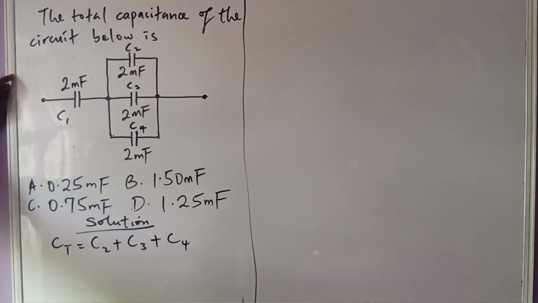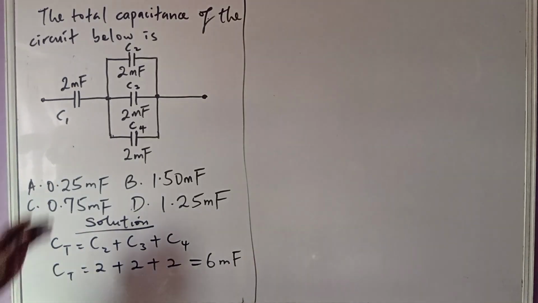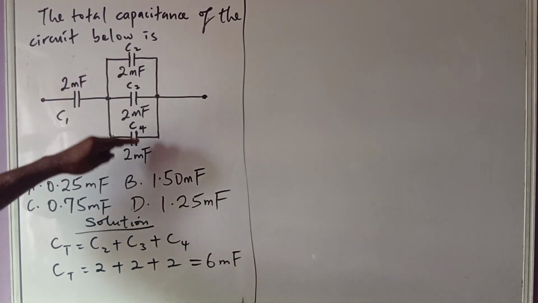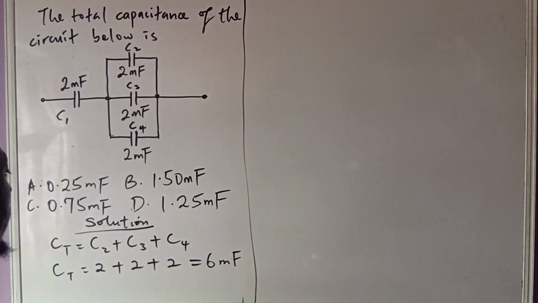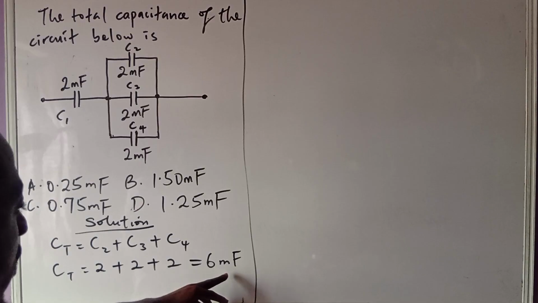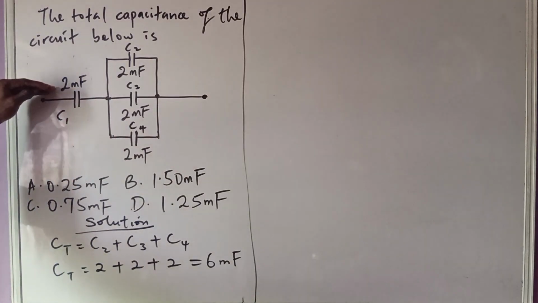I'll just add everything together, and I'm going to have 2 millifarad plus 2 millifarad plus 2 millifarad, which eventually should give me 6 millifarad. So I'm done finding the resultant of the 3 capacitors in parallel. Their resultant capacitance is 6 millifarad. So how do I combine that with the 2 millifarad here?